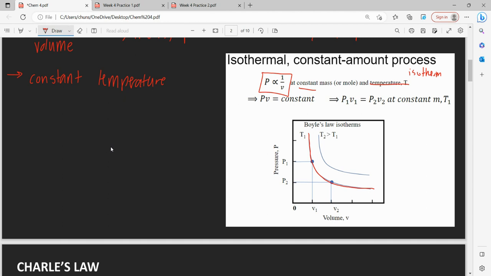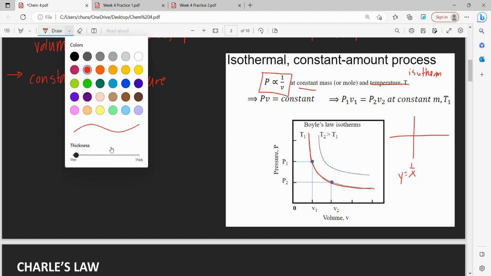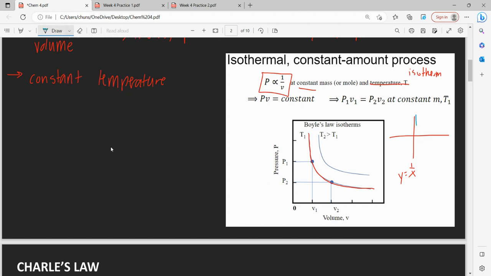If we were to graph y equals 1 over x, it would look exactly like that, right? That aligns with the shape of our isotherms.